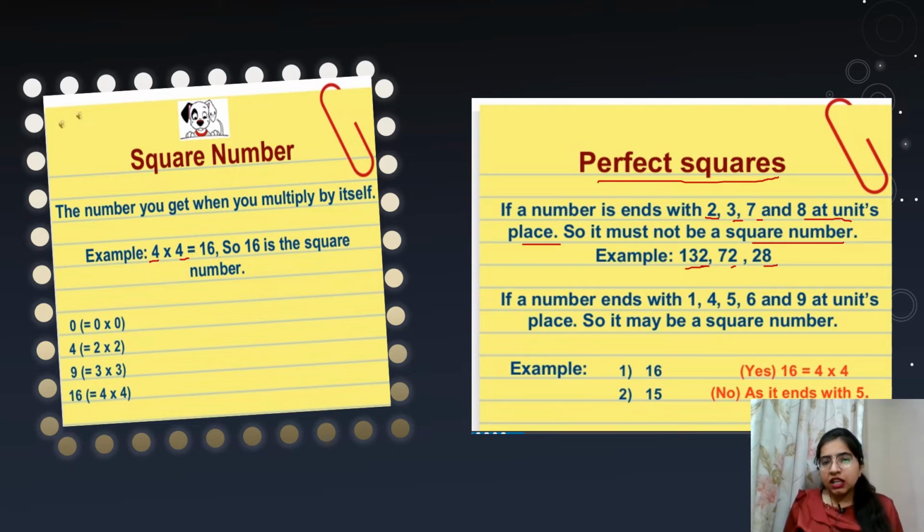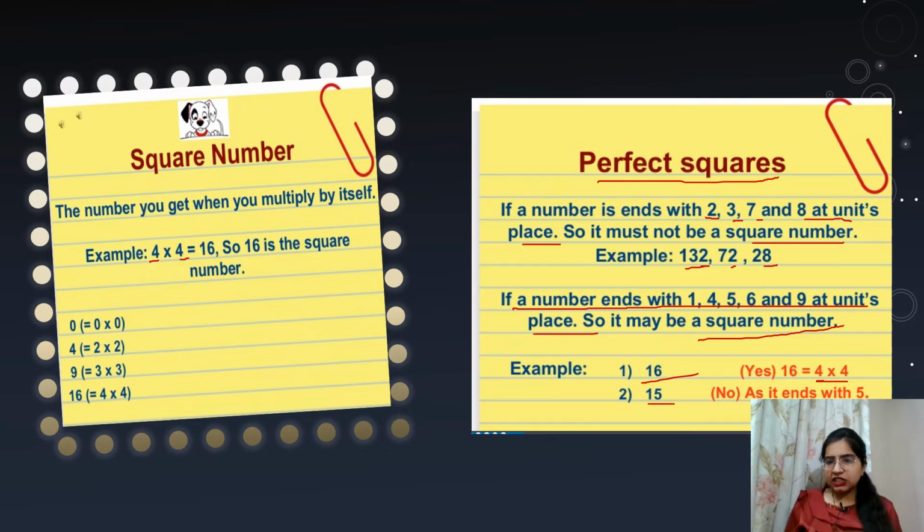But if a number ends with 1, 4, 5, 6 or 9 at its units place, it can be a perfect square, like 16. 16 is a square number. How? When you multiply 4 with 4, you get 16. Second question: is 15 a square number?